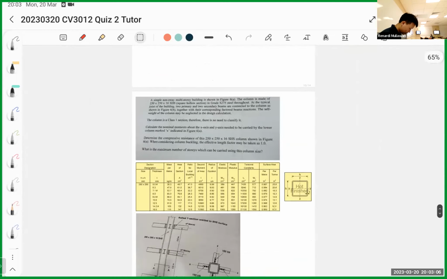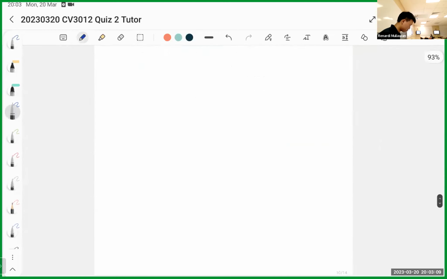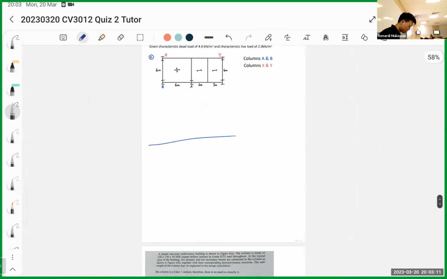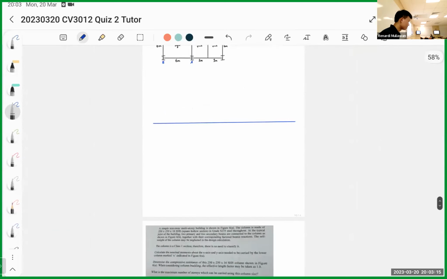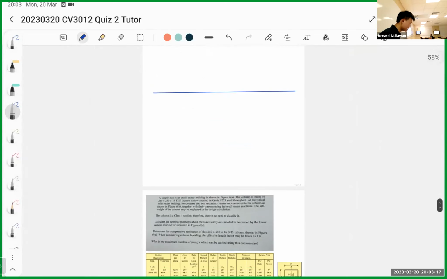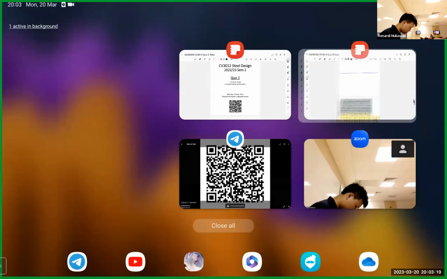Before we take a break, just one more thing. I forgot to include it here, but I think I included it inside the cheat sheet. Let me check.